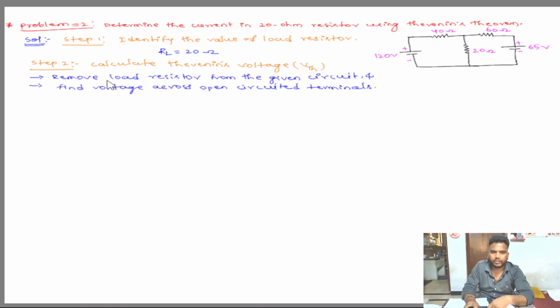For that, we need to remove the load resistance from the circuit and find the voltage across the open circuited terminals. For that we need to draw the modified circuit.